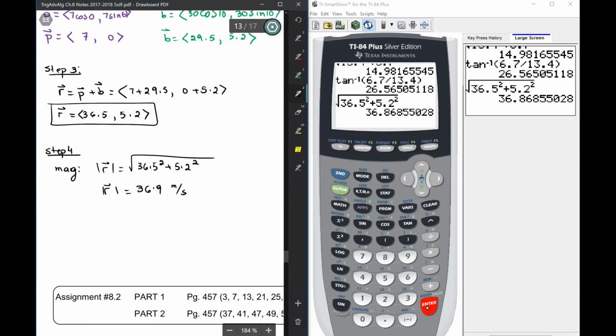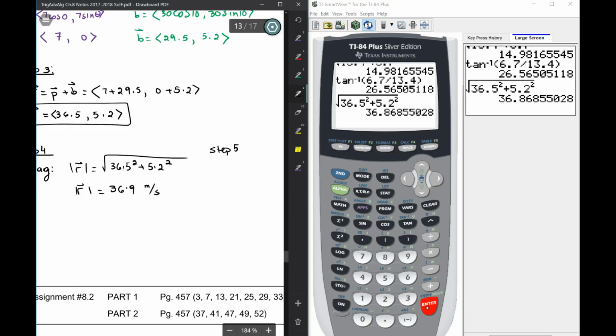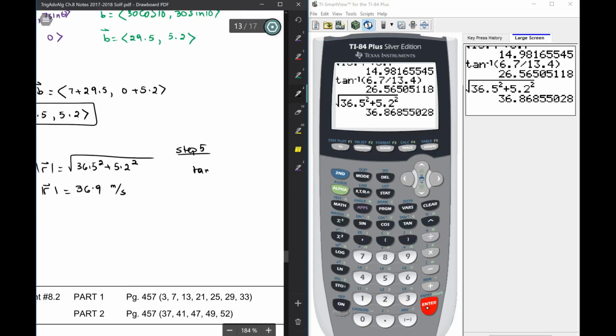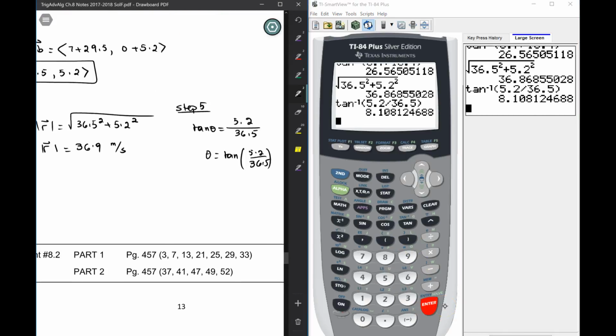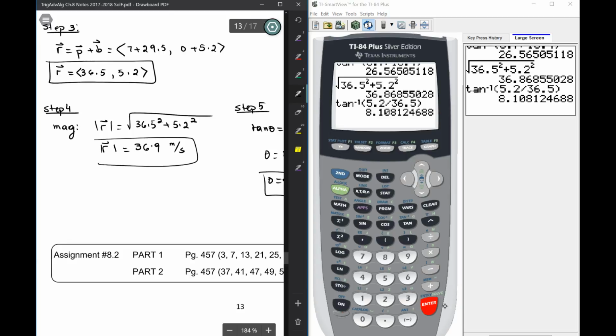And then step 5 is the direction. Tangent of theta is 5.2 over 36.5. So theta is inverse tangent of all of that, 8.1 degrees. So magnitude, direction.